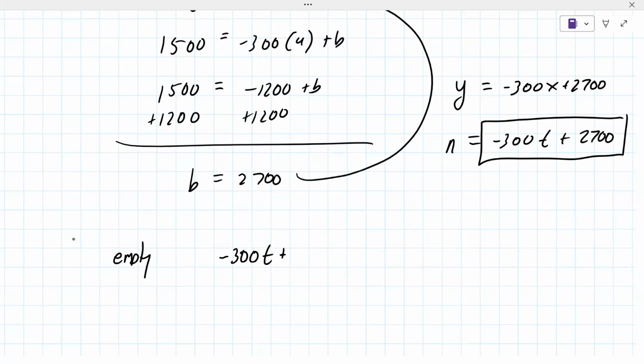And then to figure out when the tank will be empty, minus 300t plus 2700, we want to know when this exactly equals 0. And it equals 0 when you solve for t. So you have 2700 equals 300t, t equals 9 hours, looks like.